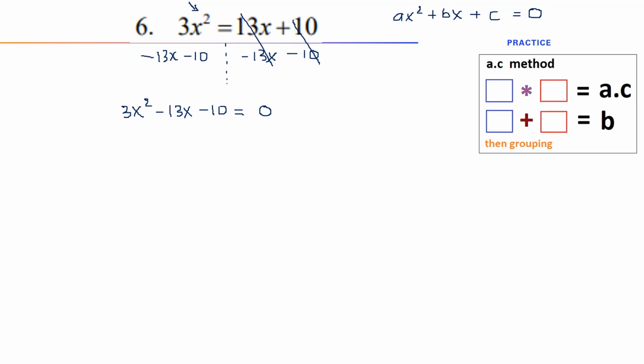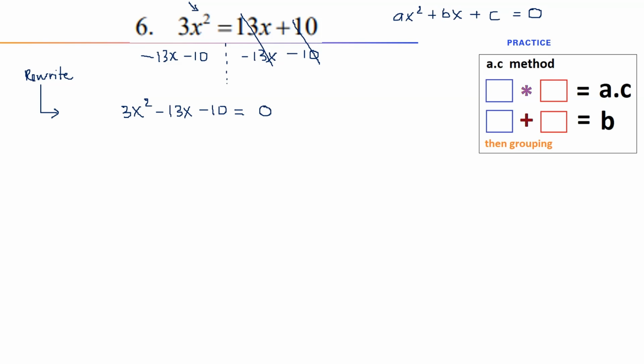So first, we rewrite it to make it in the quadratic equation standard form.